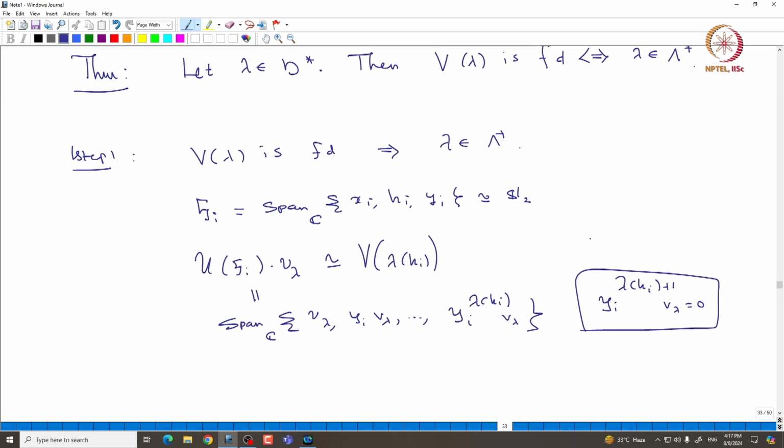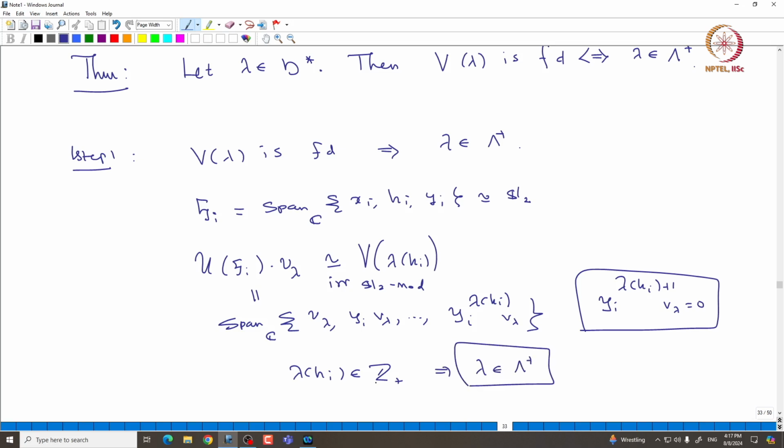So this is indeed an irreducible sl2 module, isomorphic to V of lambda of h_i. Since this lambda of h_i is the highest weight for this irreducible module, lambda of h_i must be a non-negative integer. That comes from the representation theory of sl2. So that proves that lambda must be dominant.